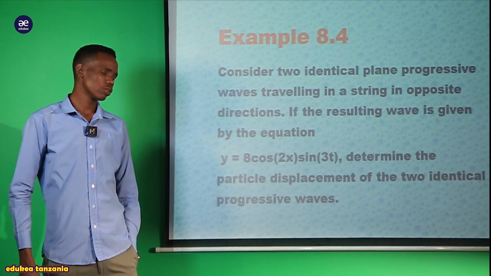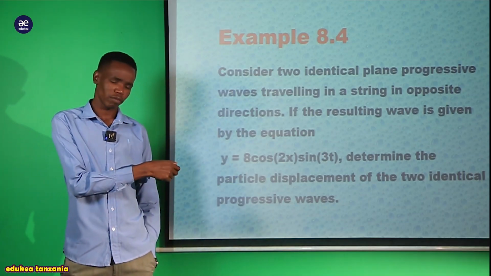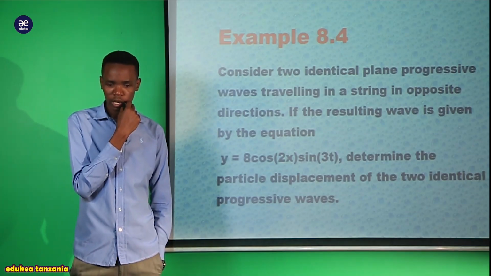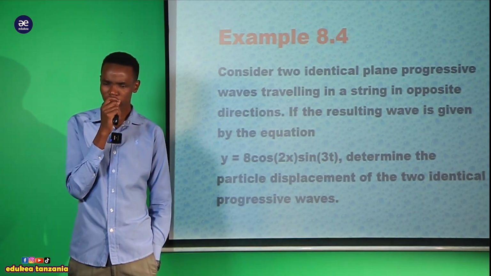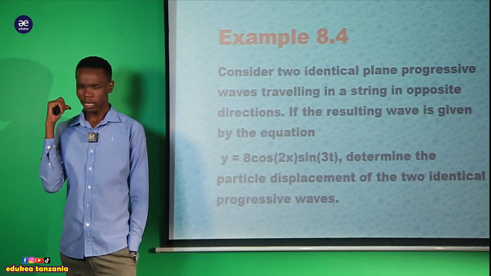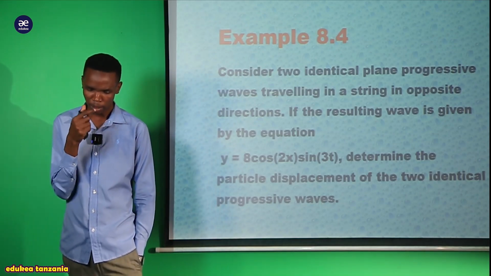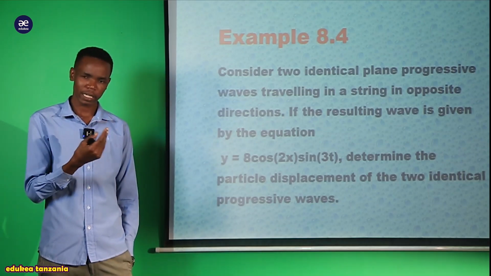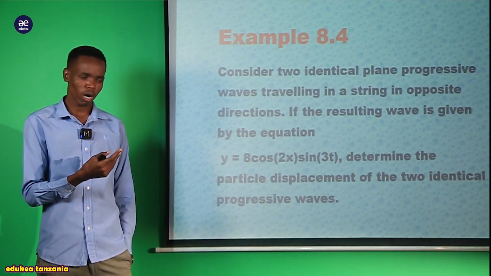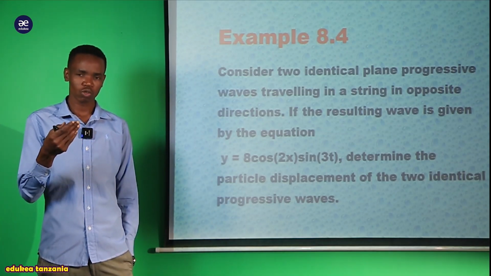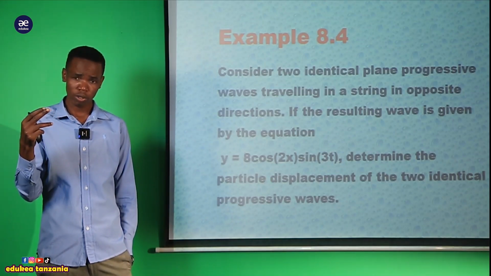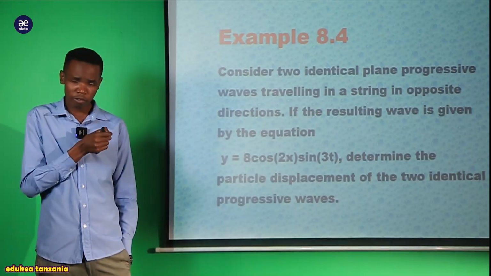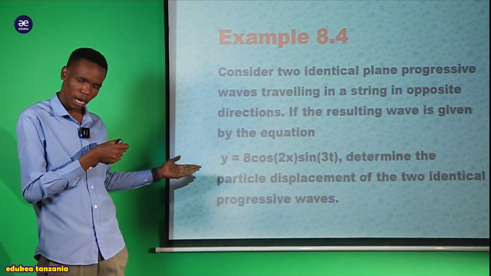So first of all, we should use this formula. As we observe our formula, my dear student, we are supposed to record the general formula that we demonstrated in the past discussions related to stationary waves, which says that the displacement is equal to 2 amplitude times the cosine of kx times the sine of wt. We will use that equation to make a comparison here.